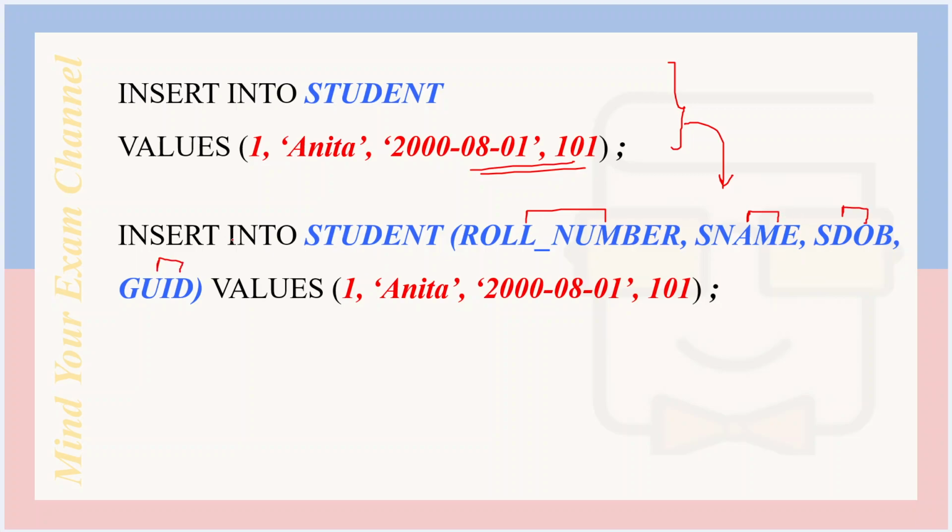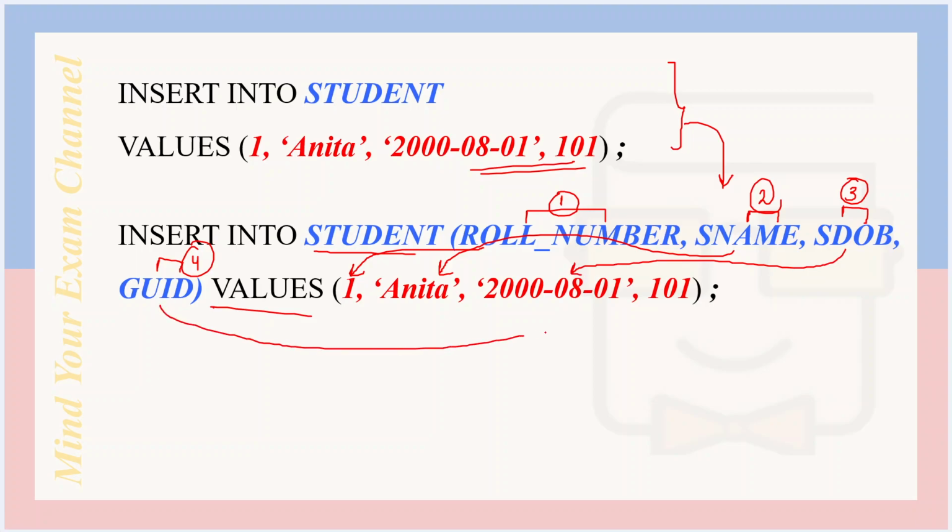We write insert into student, then we write the attributes: the first attribute roll number, the second attribute student name, followed by student date of birth, and the fourth attribute GUID. For the roll number, we are specifying the value 1. For the student name, we are specifying the value Anita. Then for date of birth, we are specifying this particular value, and for GUID, 101 has been written here.